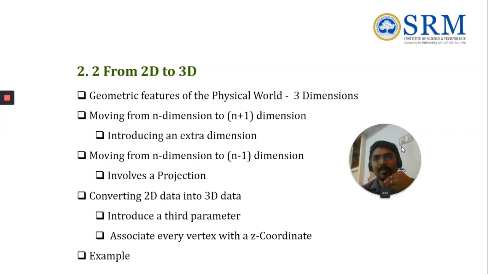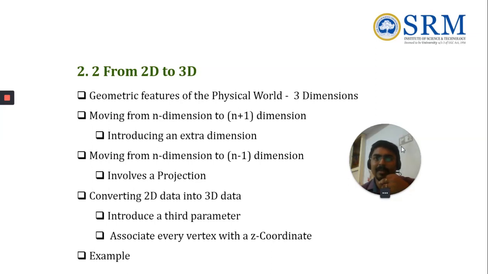A 3D model is the geometric features of the physical world; that's called the 3 dimensions. It is moving from n dimension to n plus 1 dimension. Whatever the dimension, maybe 2D, it is moving plus 1 dimension, introducing an extra dimension. And moving from n dimension to n minus 1 dimension happens when it comes under projection, where we have to reduce one dimension.